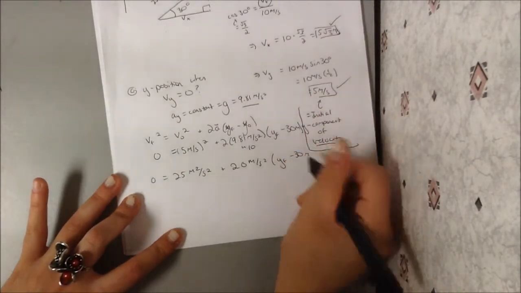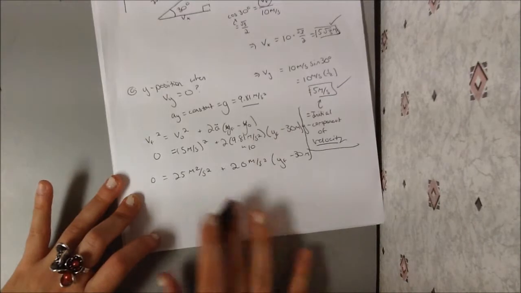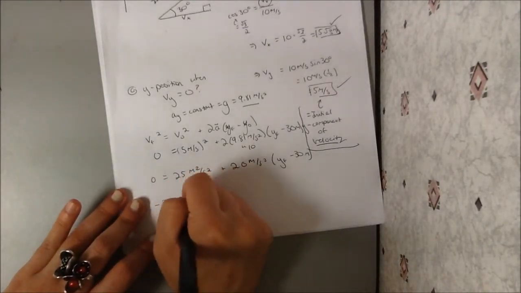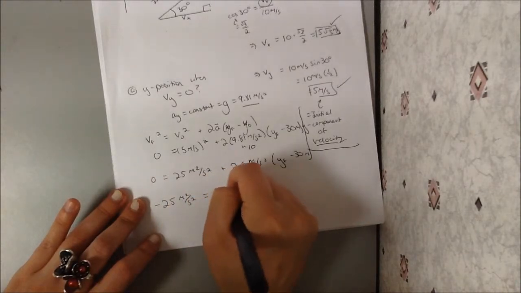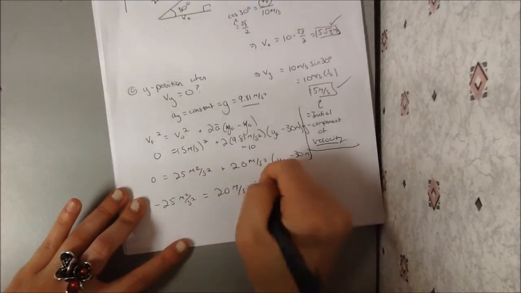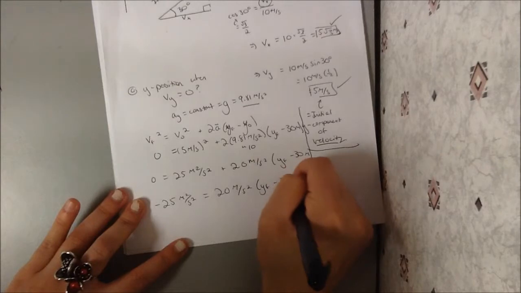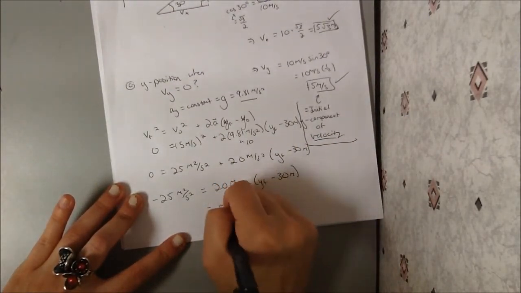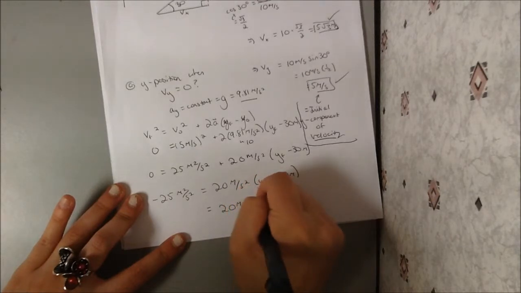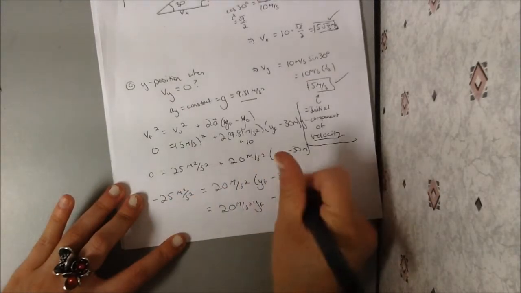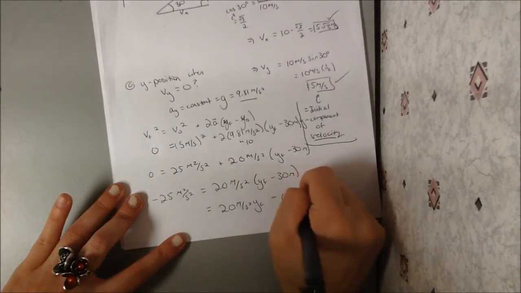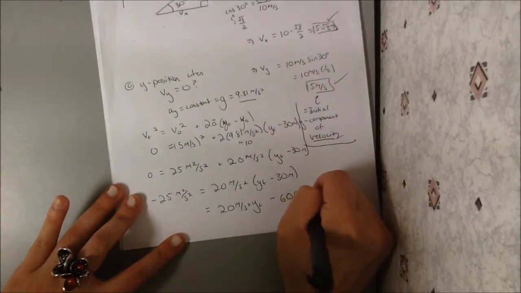Remember that this y final is what we're looking for. So now we're going to subtract 25 on both sides. We get minus 25 meters squared per second squared equals 20 meters per second squared times y final minus 30 meters. We'll multiply this through. So this equals 20 meters per second squared times y final minus 20 times 30, which is, I think, 600 meters squared per second squared.